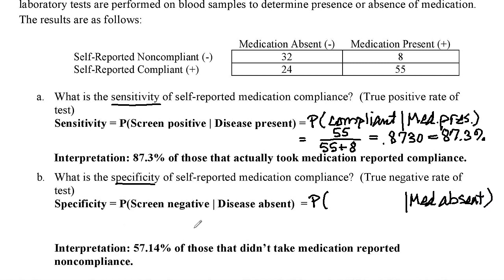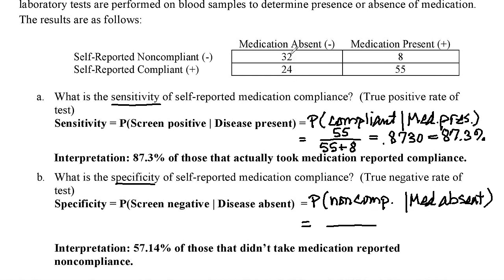Out of those people, how many screen negative? That's how many said that they were non-compliant. That's our negative. So what's the probability of non-compliant given that medication was absent? This given condition, medication is absent, again determines the denominator of your fraction.